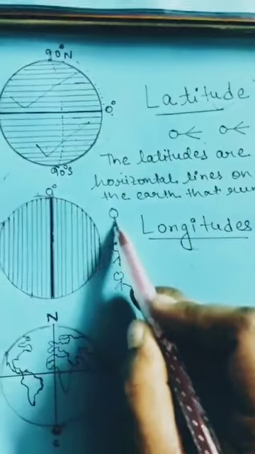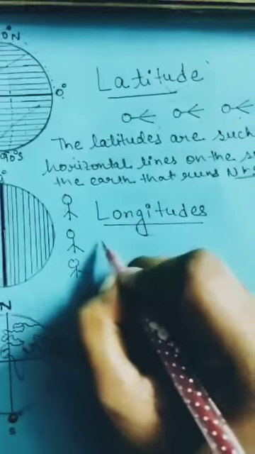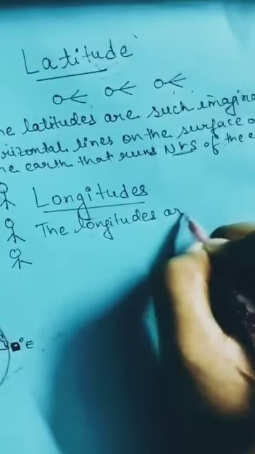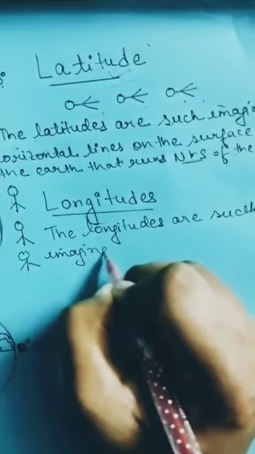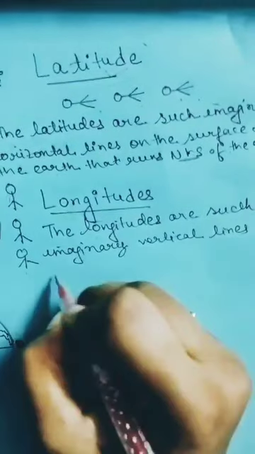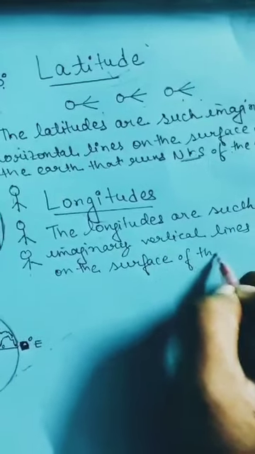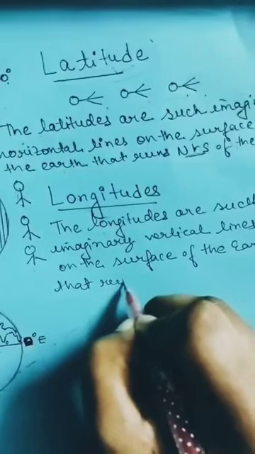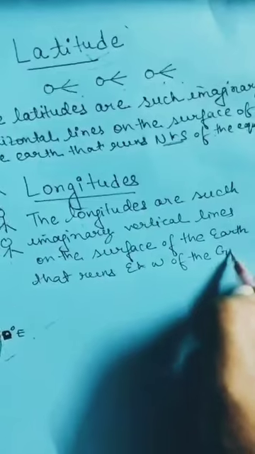As we have known that the standing lines means the vertical lines, that will be our definition. The longitudes are such imaginary vertical lines on the surface of the earth that run east and west of the GMT.